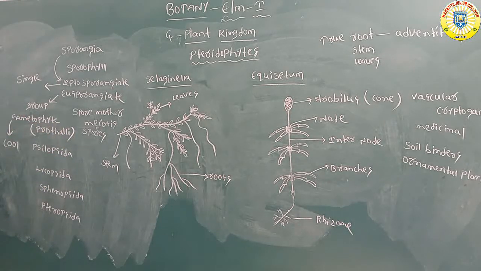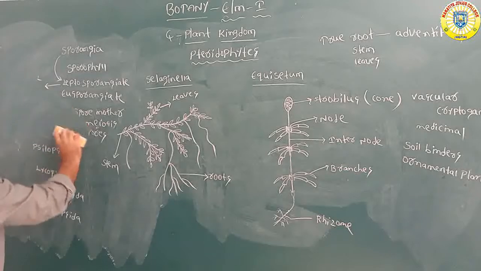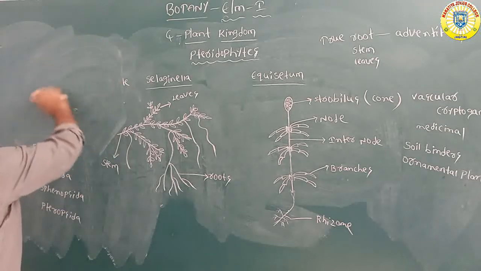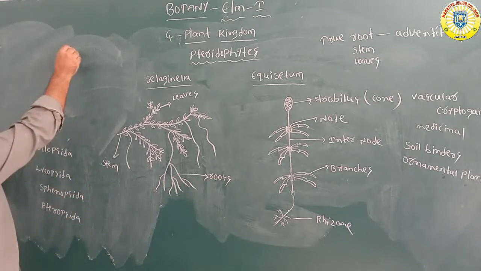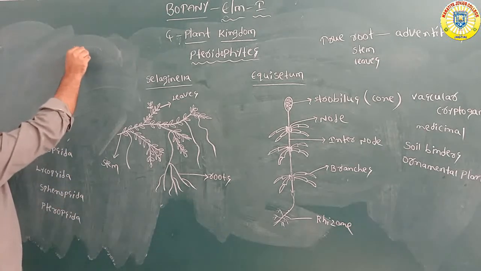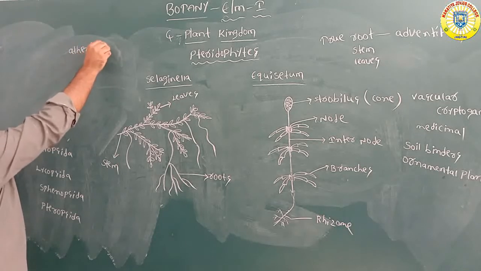And one more thing to remember: the gametophyte bears male and female sex organs. What are the male organ and female organ? The male organ is antheridium.